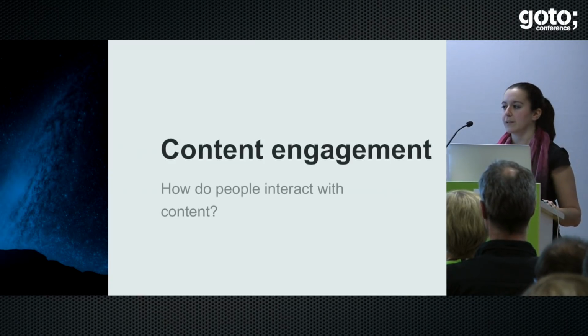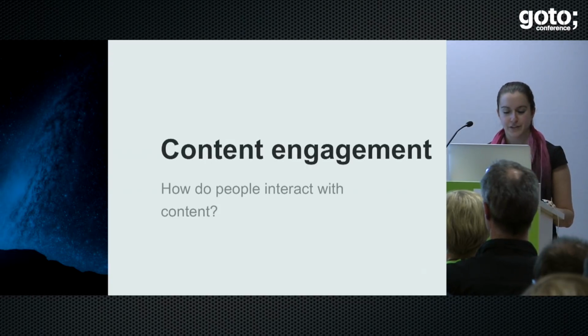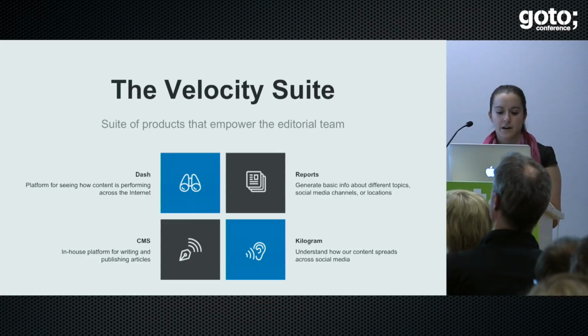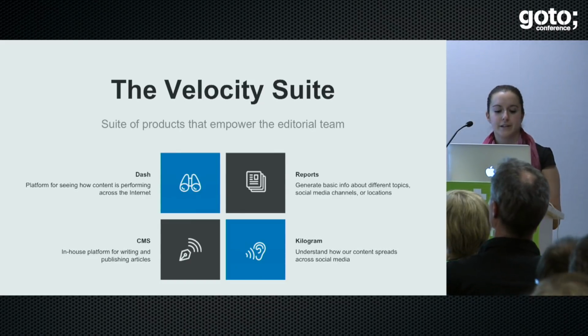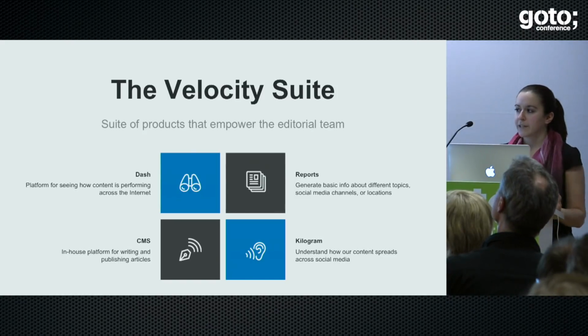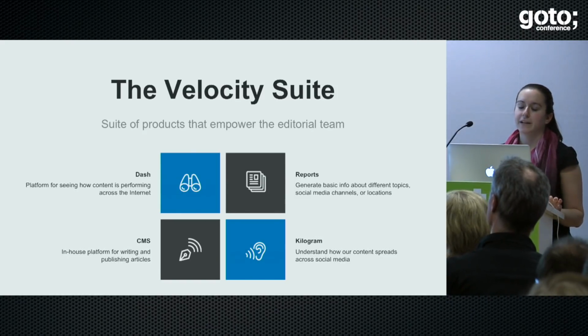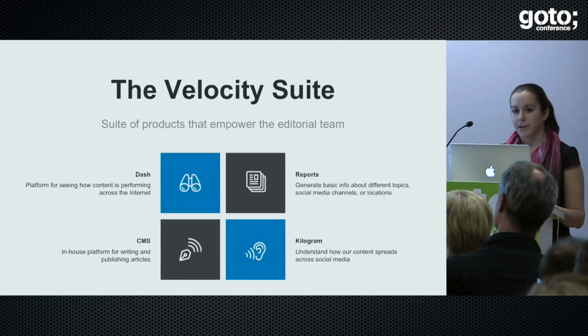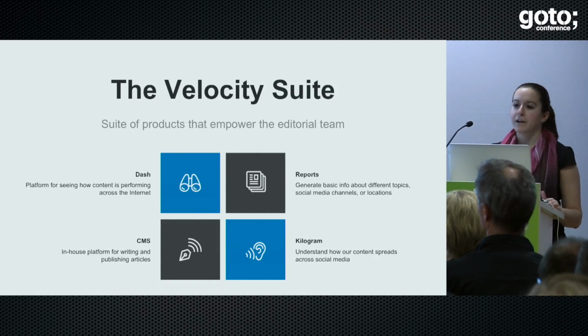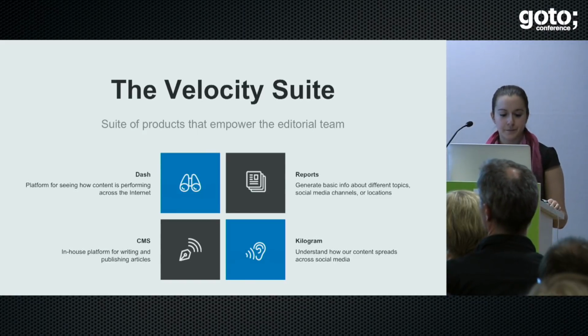So we created something called the Velocity Suite to help with this sourcing problem. The Velocity Suite is our main tool for helping the editorial team source content and figure out what to write about. This predates my tenure at Mashable a little bit, but it's really important for all of the audience work that we do because it helps us understand the virality of content and how content goes viral.